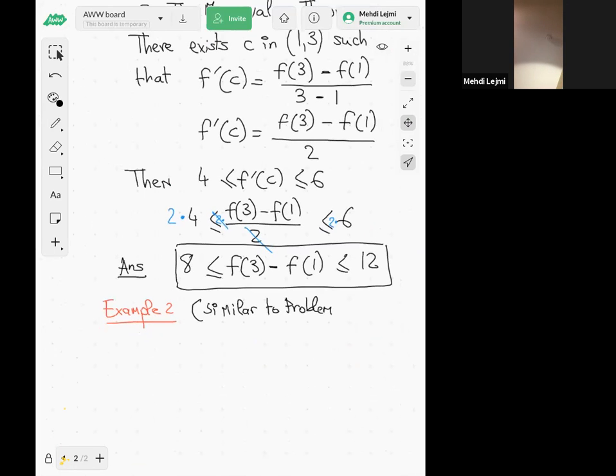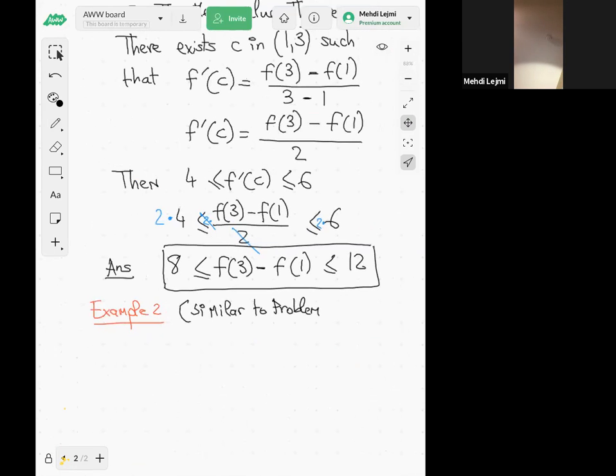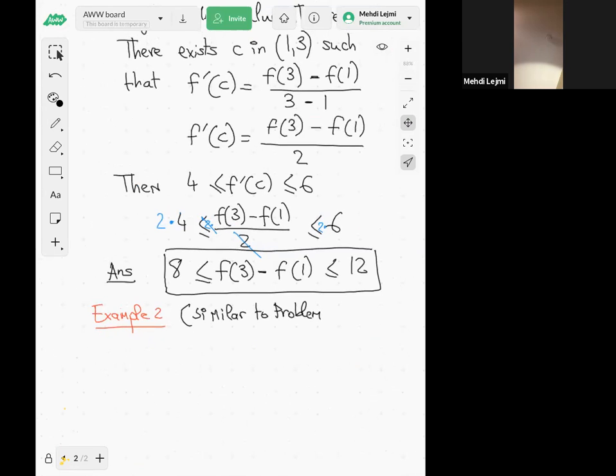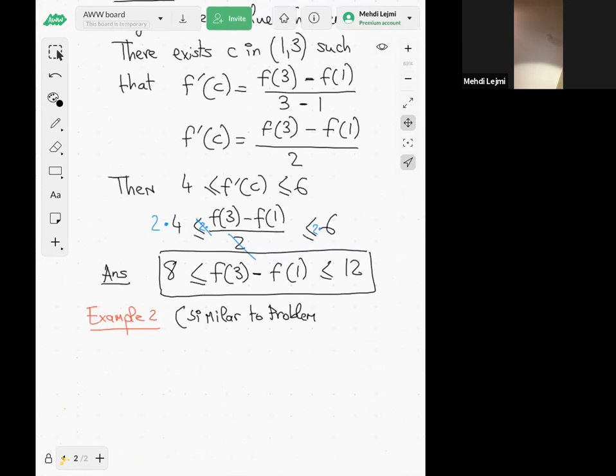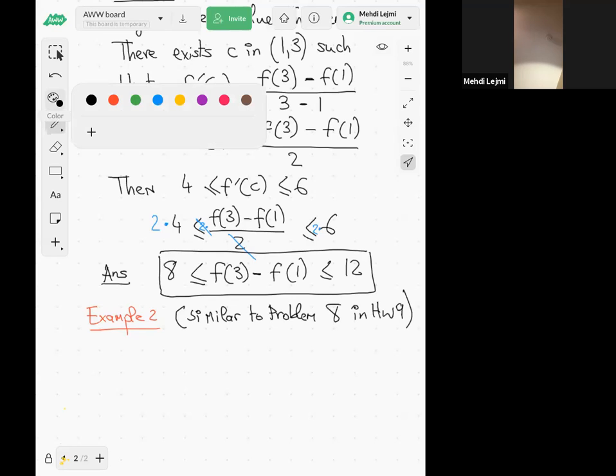So similar to this, problem 8 in homework 9. Right, so what does it say? The example is the following. Let f of x be a differentiable function.